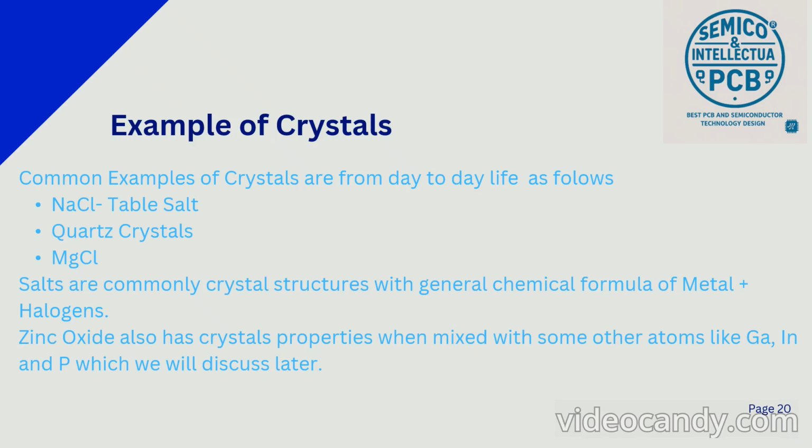Their general formula is metal plus halogens. Zinc oxide also has crystal properties when it makes a compound with atoms like gallium and indium or phosphate, which we will later see in different applications as well.